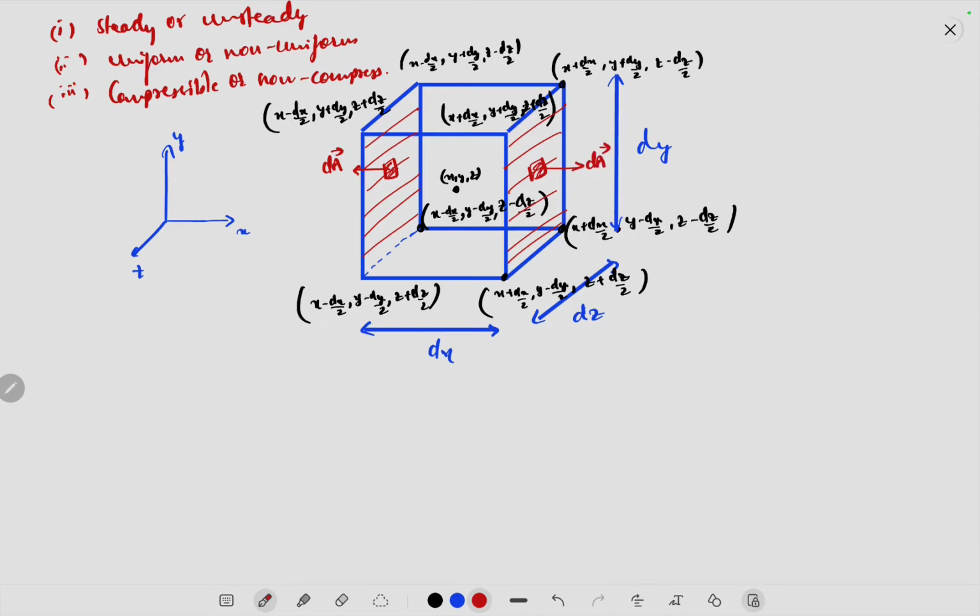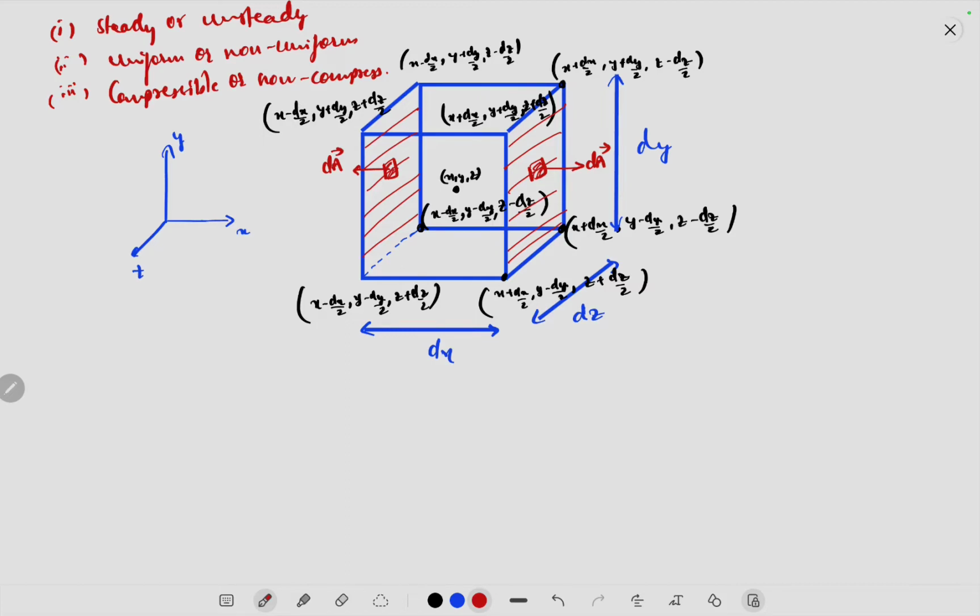Just like when we considered the extensive property as mass, we derived for only two surfaces, then said we can derive for the other surfaces, and wrote down the equation. So here also we'll do a similar thing.